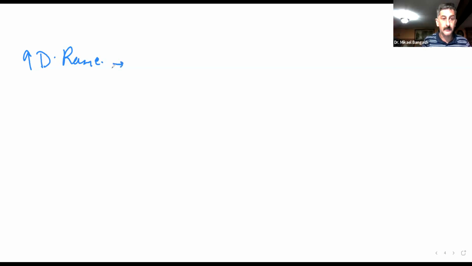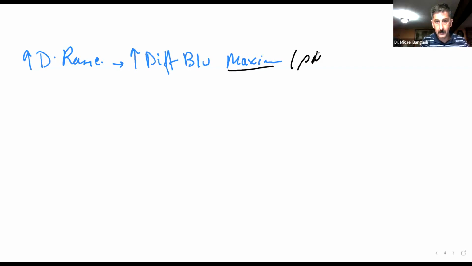What did that great dynamic range mean? It mainly meant a great difference between the maximum, which we will call the saturation, and the minimum, which we call the threshold.